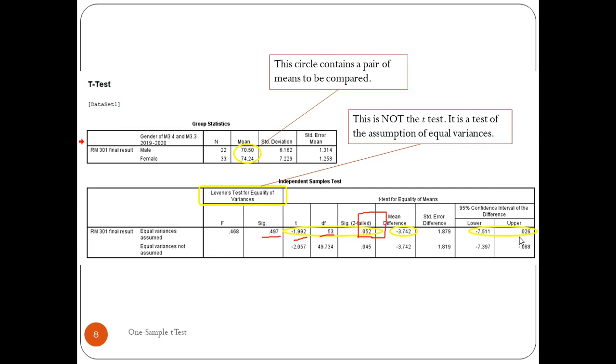If we conduct the research 100 times, it just means that.